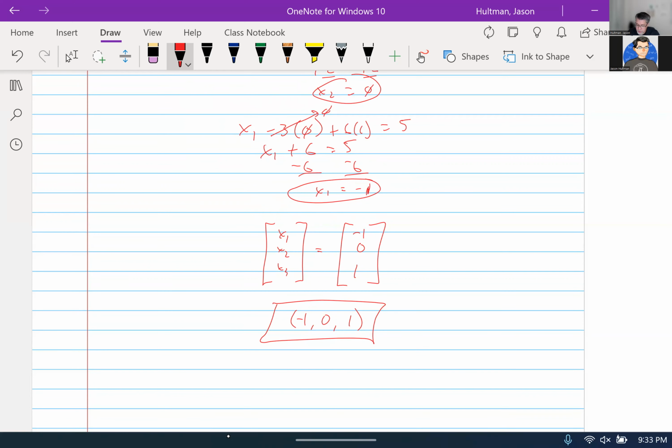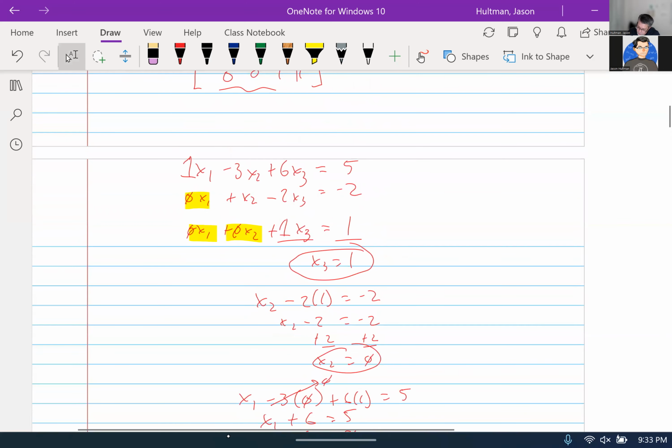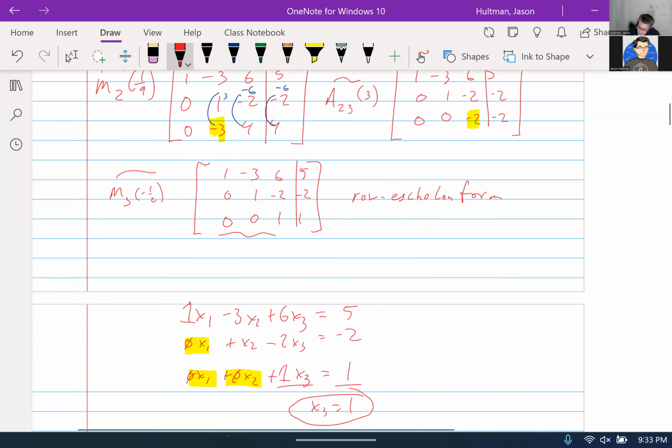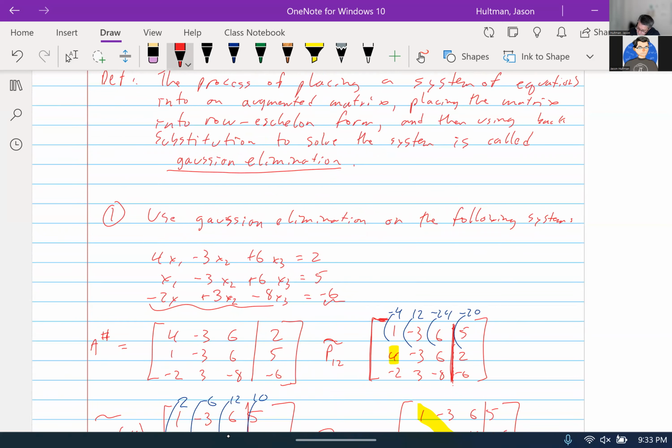And we could check that if we really wanted to. We could go back and plug in -1, 0, 1 into each of these lines, all the way back at the beginning, and see that they do in fact work.